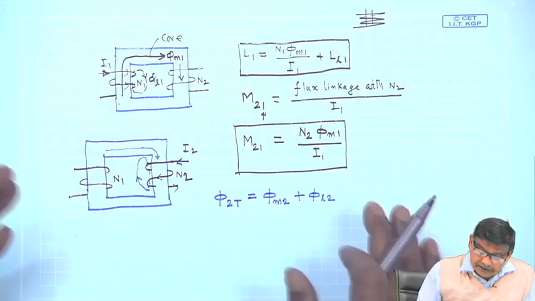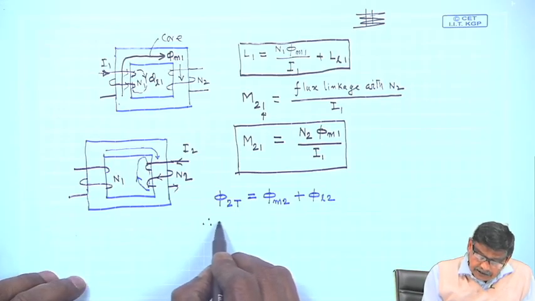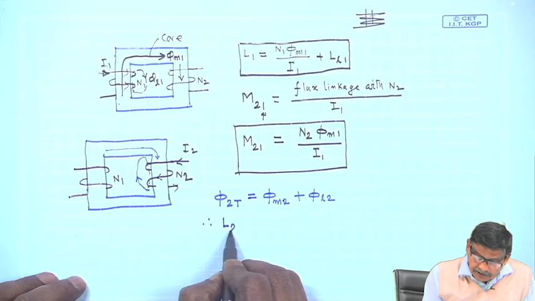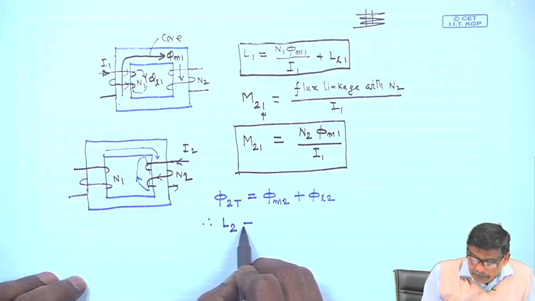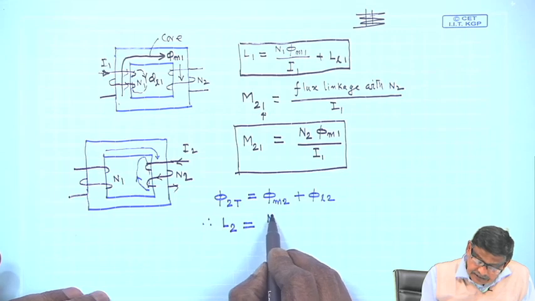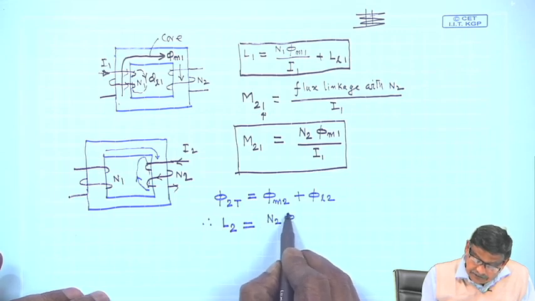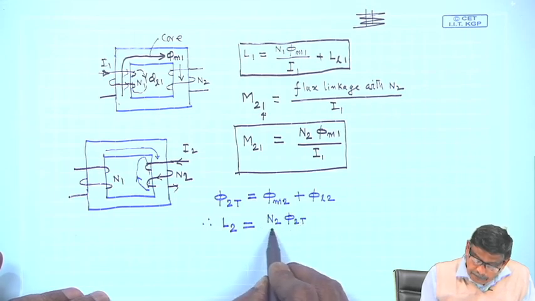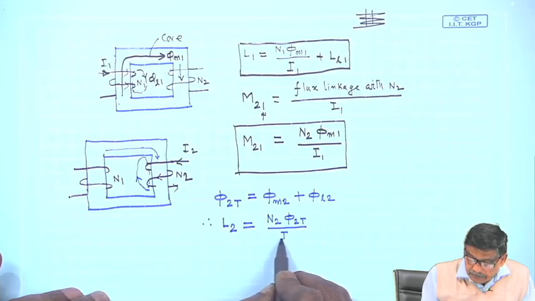Therefore, the self inductance of the second coil will be once again the total flux linkage with the second coil, phi 2 t, per unit ampere, that is I 2.